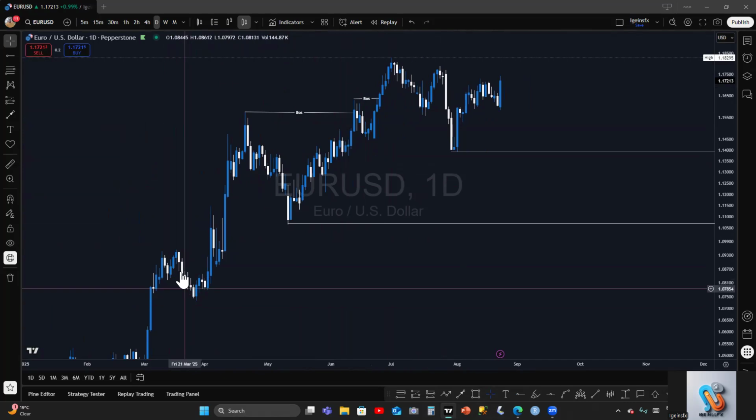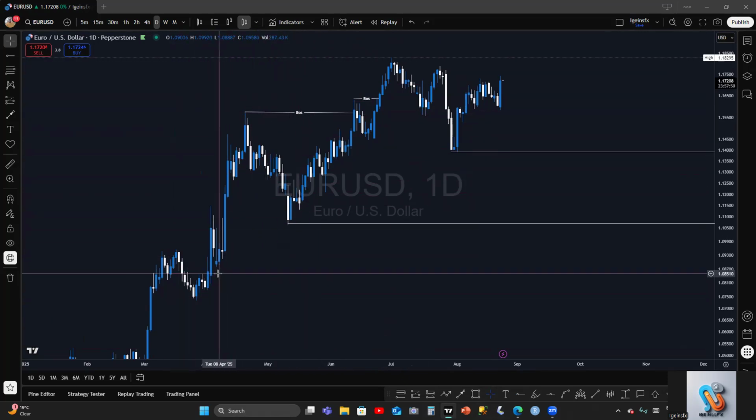When price is making higher highs, higher lows, pushing towards a particular direction. In this case it's pushing to the upside. Create a resistance, pull back to a support, break the resistance, create another higher resistance, pull back again.